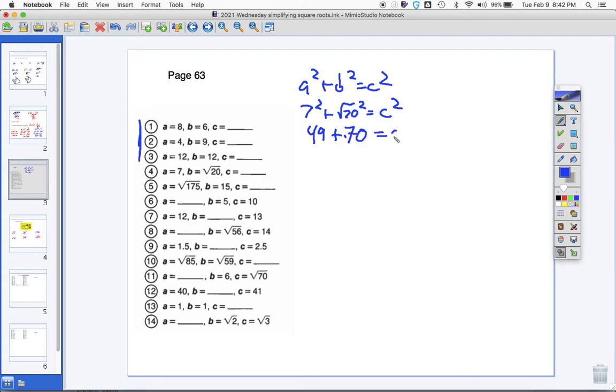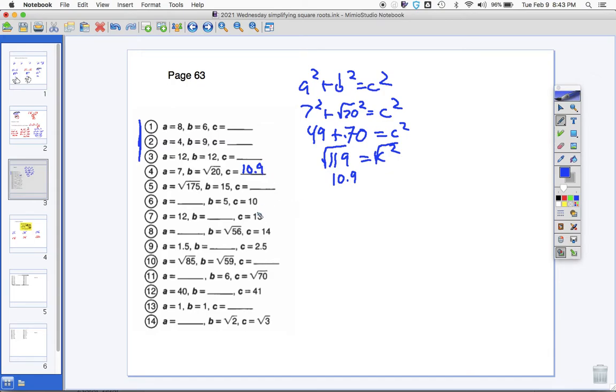That's just 70 equals c squared. 49 plus 70 is 119 equals c squared. And then finally, the last step of any Pythagorean theorem problem is to take the square root. So the square root of 119 is 10.9. So either the square root of 119 or 10.9 would be the answer here.